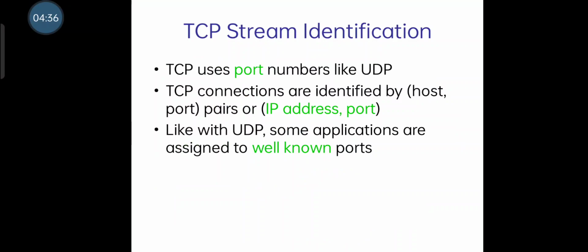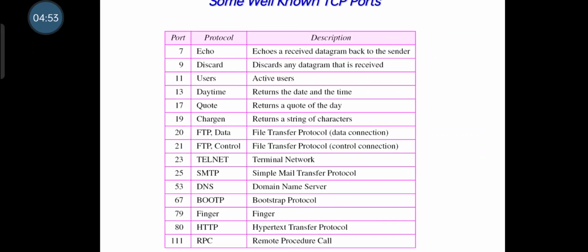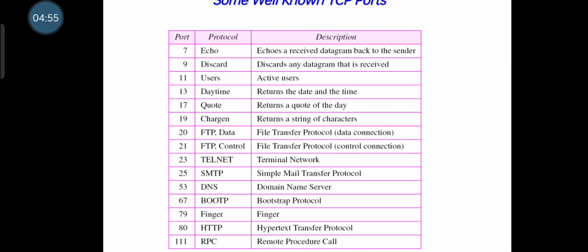TCP uses port numbers, which are very important because a port number defines which application needs this particular data. TCP has the socket address. A socket consists of the port number and the IP address. Some applications are assigned well-known port numbers. These port numbers are unchangeable.